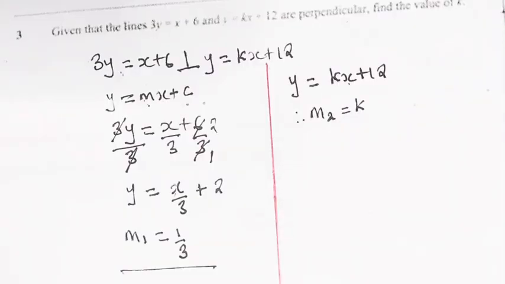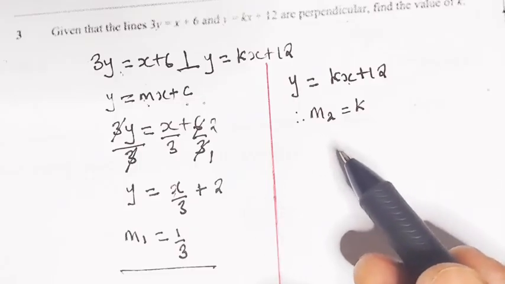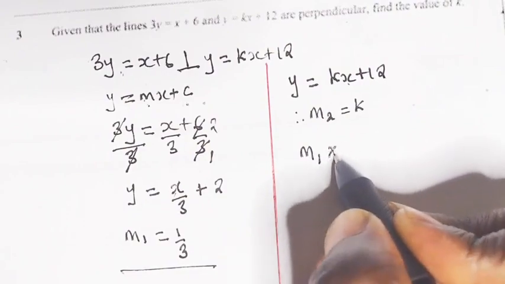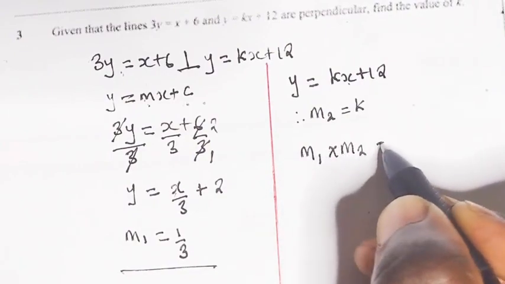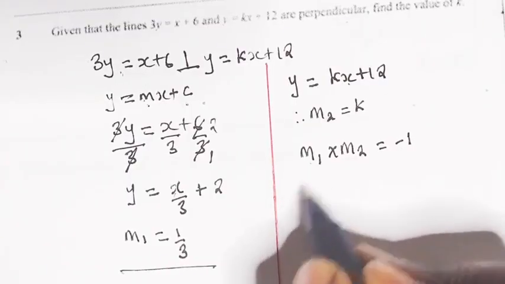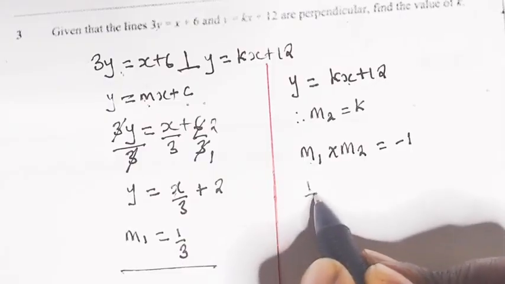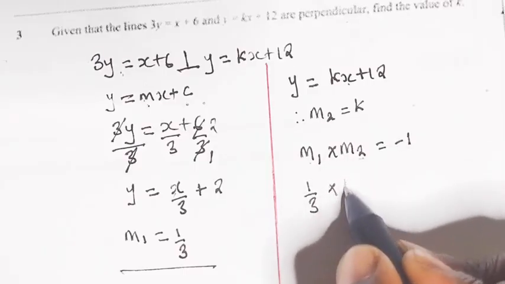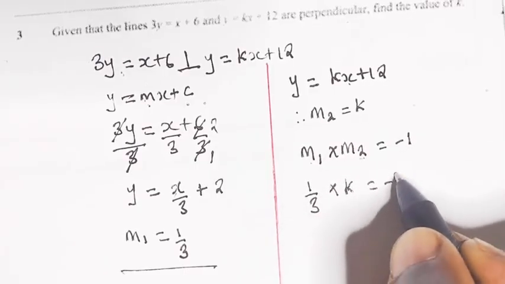So earlier on I said one of the properties of perpendicular lines is that when you multiply the first gradient with the second gradient, it should give you negative 1. So what you are going to say is this: m1 times m2 is equal to negative 1. Our m1 is 1/3, so we replace 1/3 times m2, which is k, equal to negative 1.